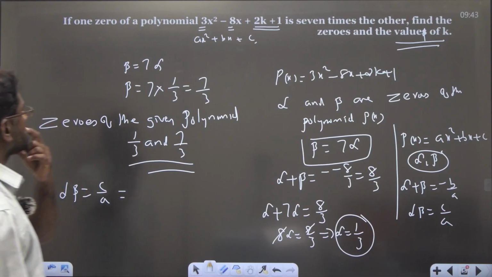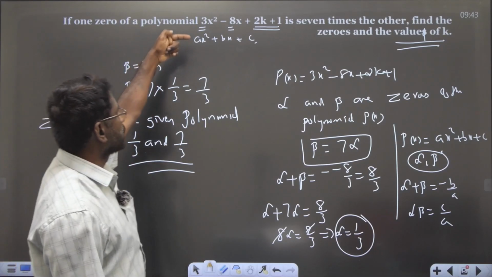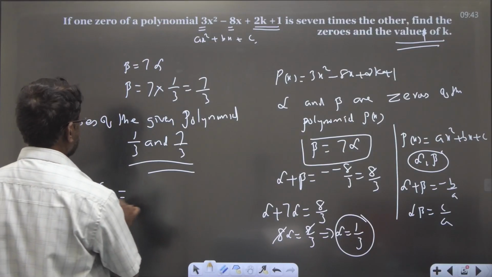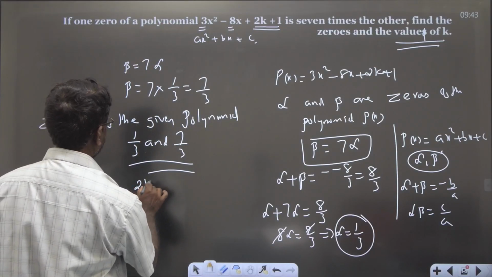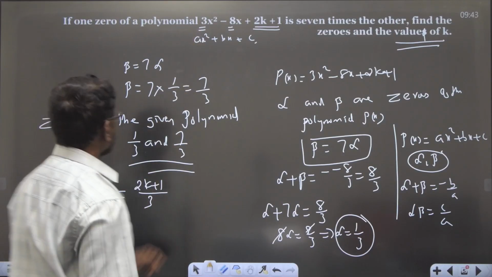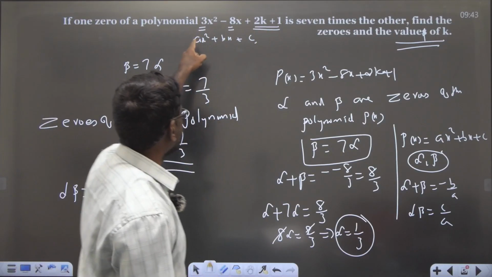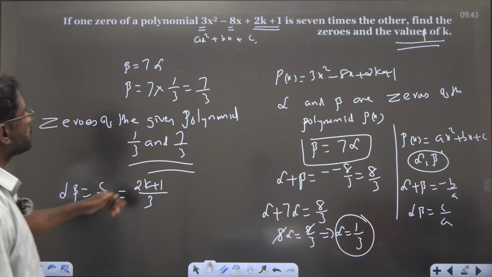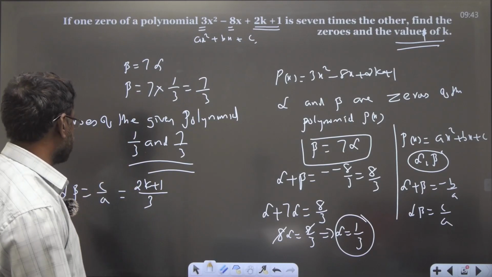Alpha beta equal to c by a. That means from the given polynomial, alpha beta will be c by a, that is 2k plus 1 by 3. C is 2k plus 1, a is 3. Therefore, alpha beta is equal to 2k plus 1 by 3.